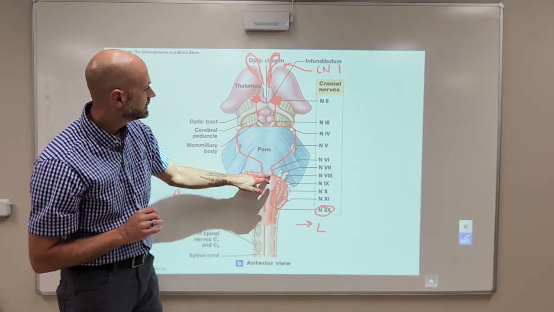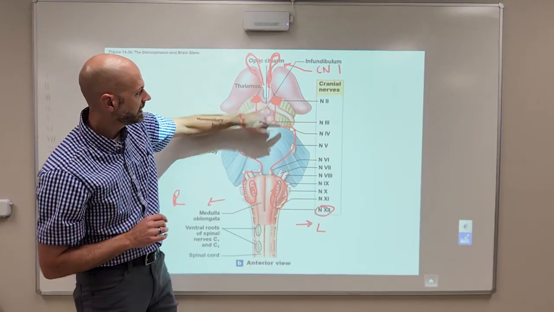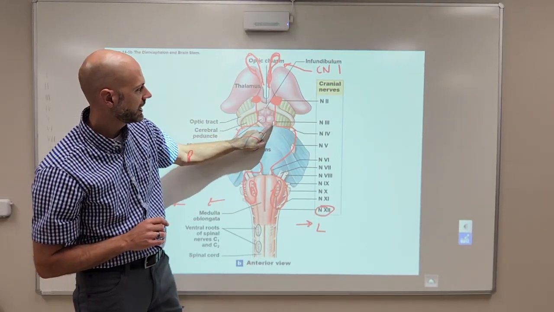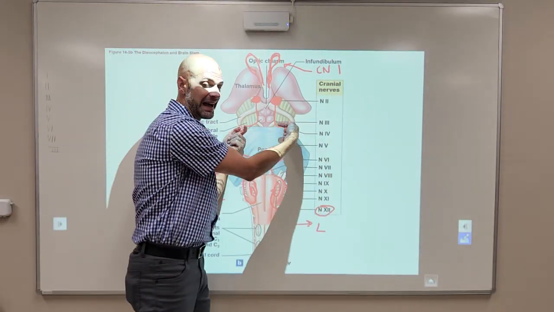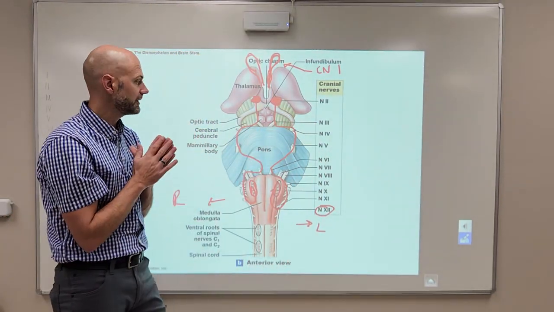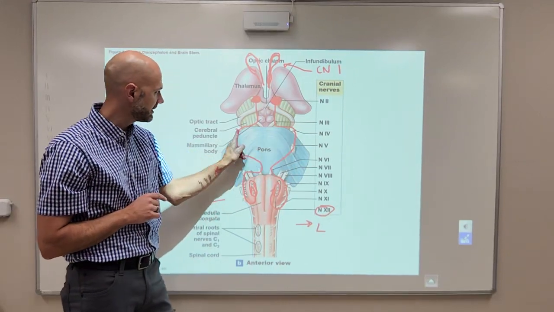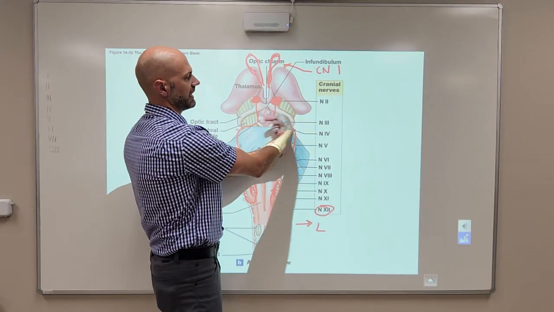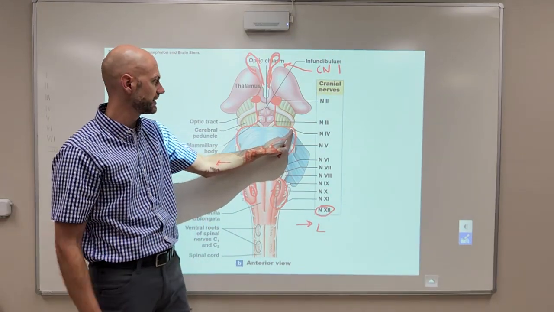Most of the nerves emerge at the boundary between midbrain and pons. You can see 3 and 4. 4 is actually, strangely enough, on the back side. It's the only cranial nerve that's on the back side of the brainstem. You can see it peeking out here and here. It's emerging off the back of the brainstem, which is super weird, but 4 is just a weirdo.